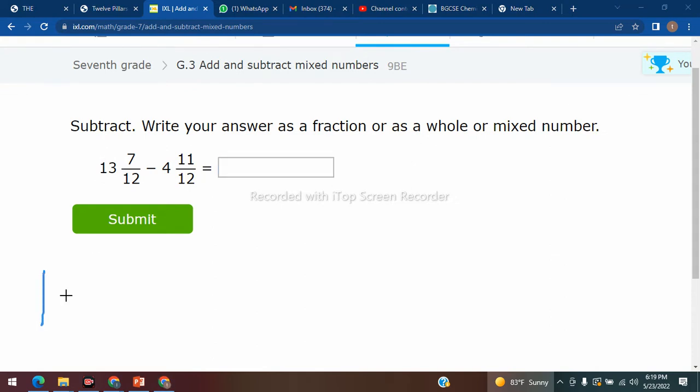So what I mean is 13 and 7 over 12. Help me out. How could we write this out? 12 plus what? 12 over 12. Good. Plus what?